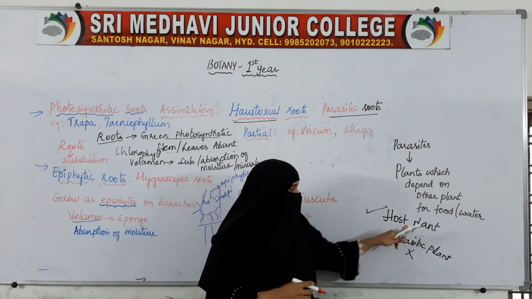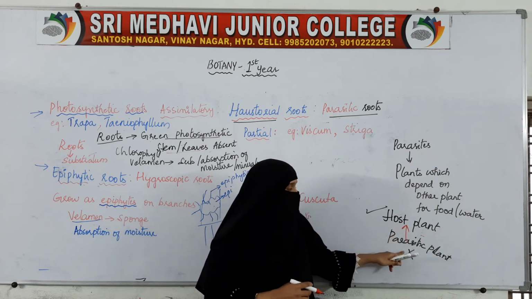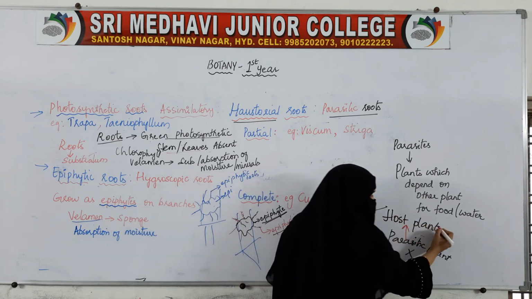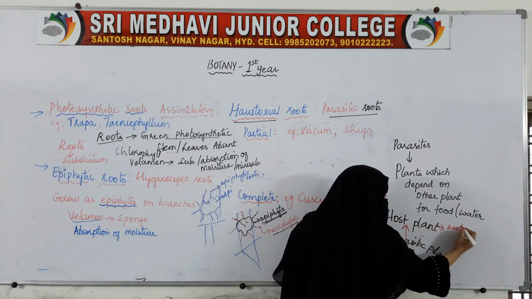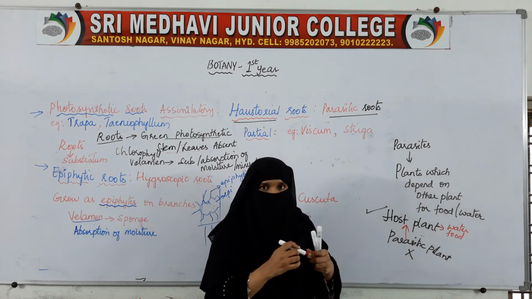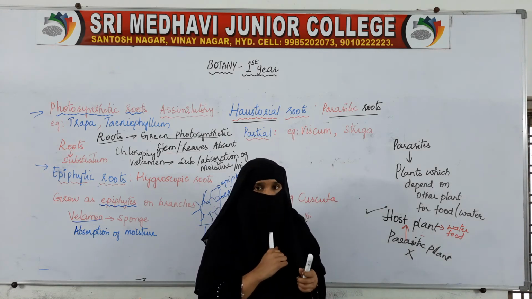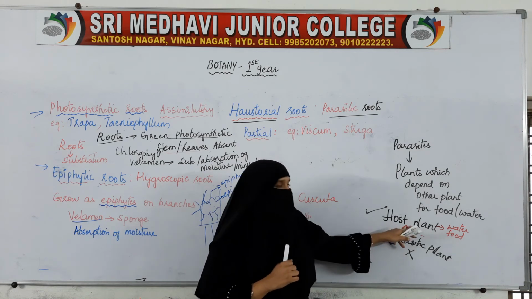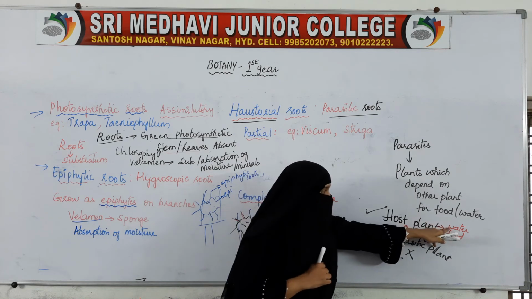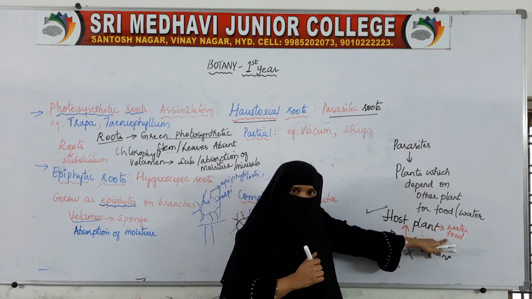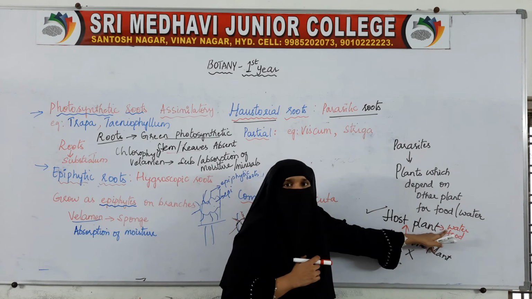The parasitic plant will attack the host plant and derive nutrients from it. The host plant can prepare its own food, so it will have water as well as food. So the parasitic plant will attack this host plant and take water as well as food, or sometimes only water.